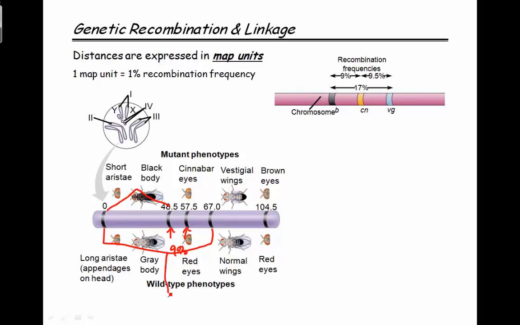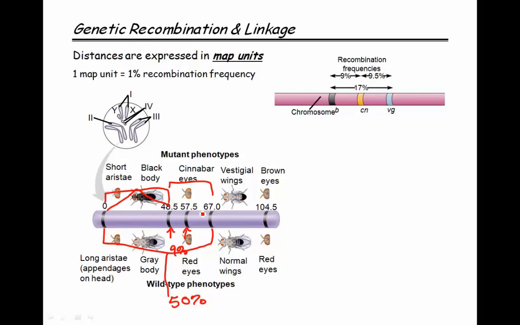So in that case, that would actually be 50% recombination. The reason we have this 67 over here is because we've got to add a bunch of data together to come up with that number. So if we found out that from here to here was 48.5, we could figure out how far from here to here, and that would tell us exactly how much distance is between those, and then we can add it together and get the 67.